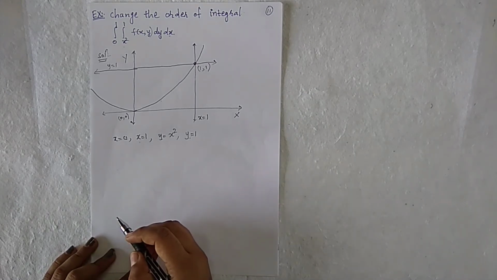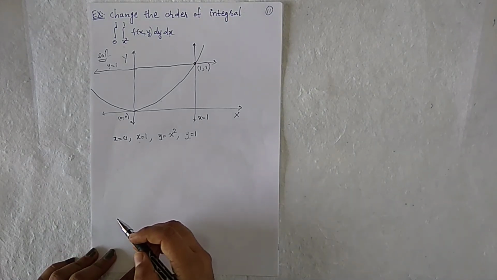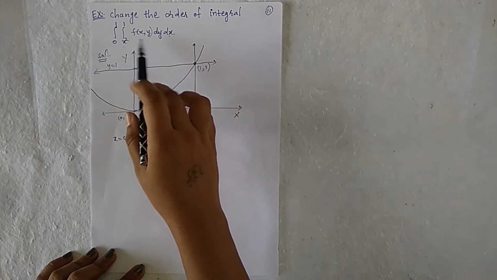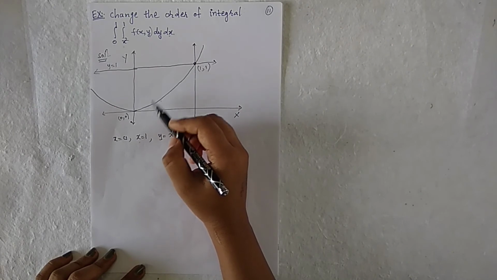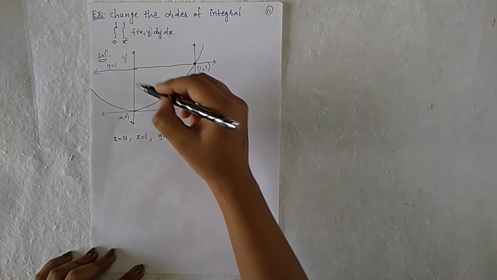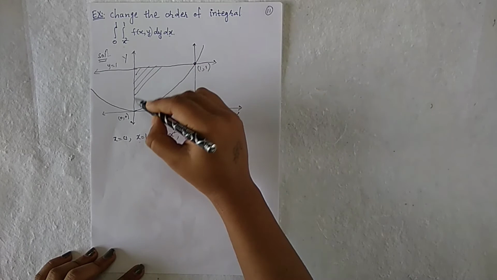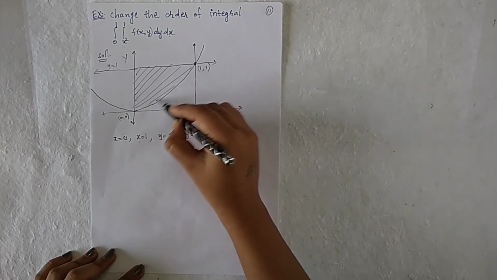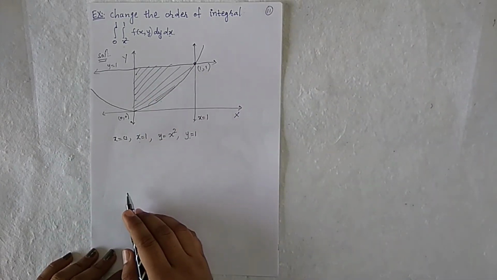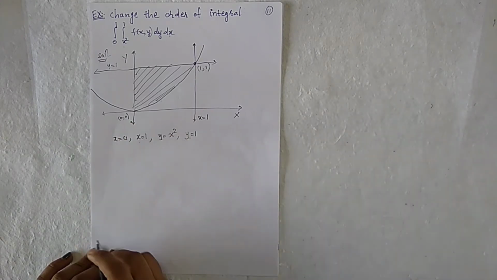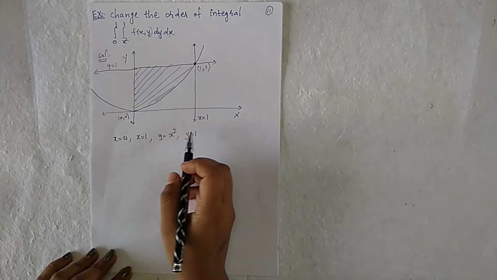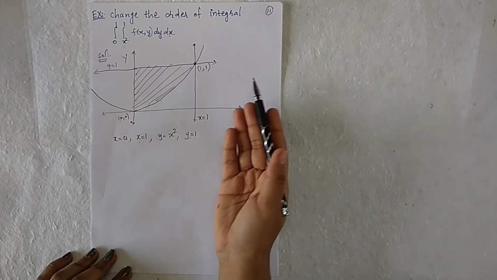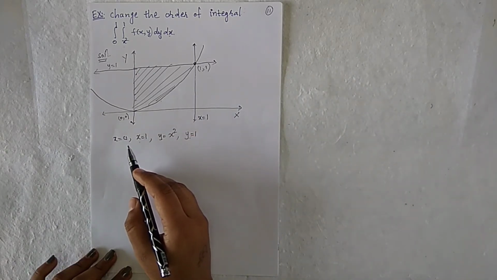Now we are going to change the order of integral. So our region of integration is this, as shown in the figure. To change the order of integration, we have to first integrate with respect to x and then with respect to y.